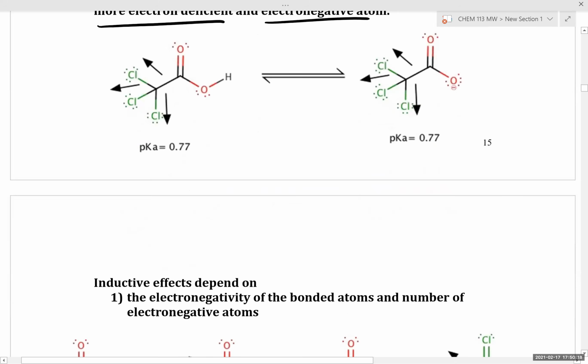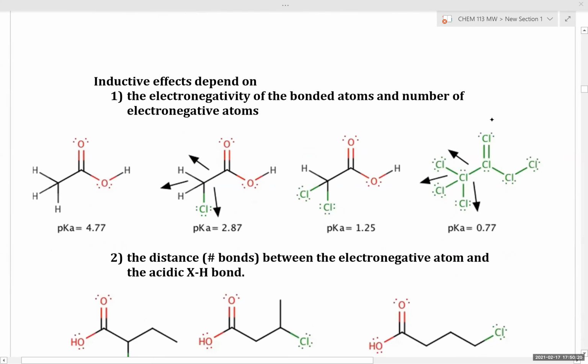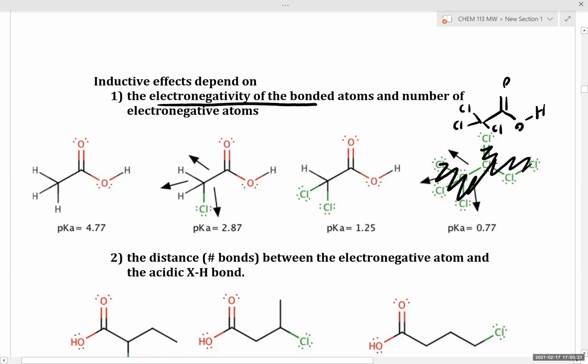Okay, so inductive effects depend on, oh, the structure drawing tool got a little too excited there when I told it to replace an atom with chlorine. So let me just correct that structure. One thing I'd like you to note is inductive effects depend on the electronegativity of the bonded atoms and the number of electronegative atoms.